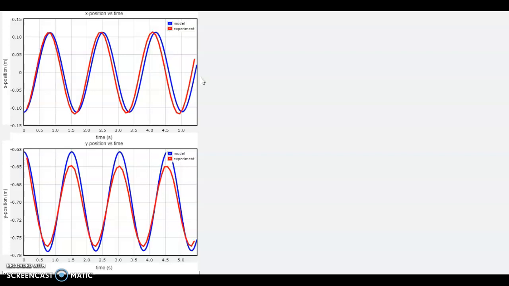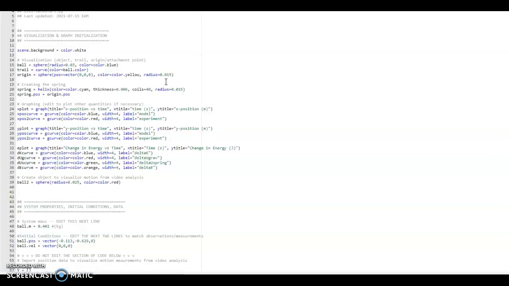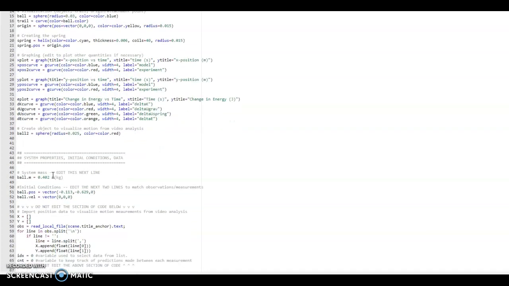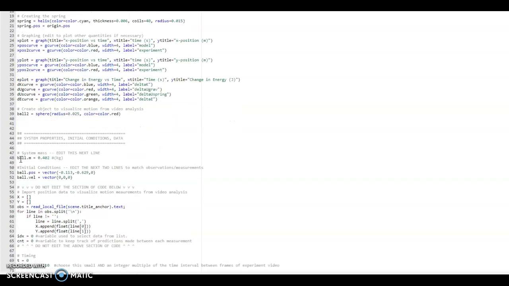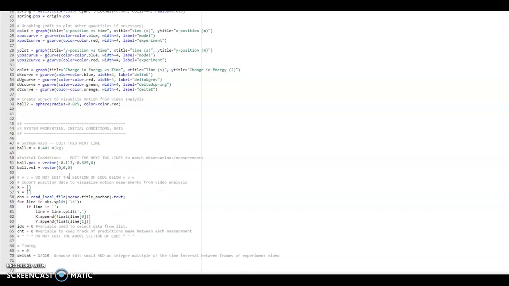And all of these different measurements were used within the Glowscript model and inputted in places such as shown, which is line 48 and beyond. And here is for the initial conditions and measurements of the system.